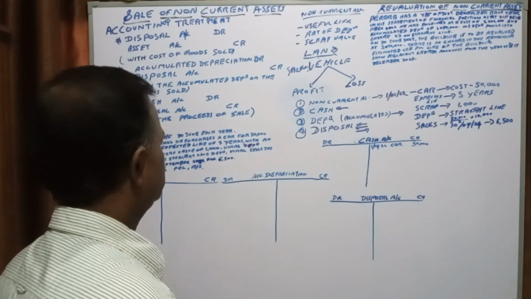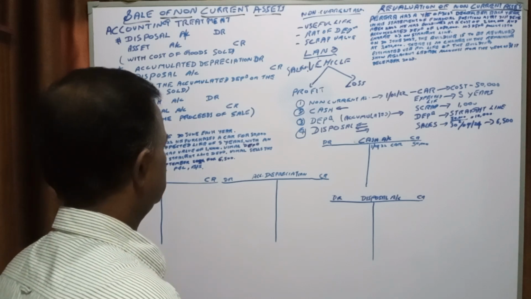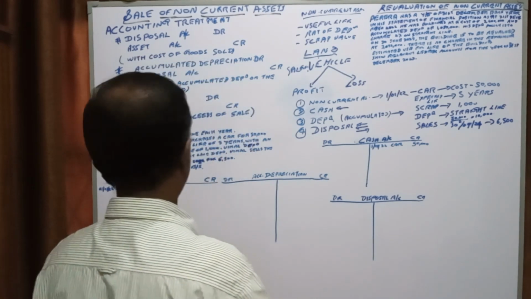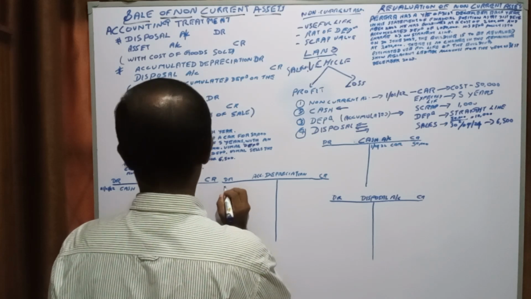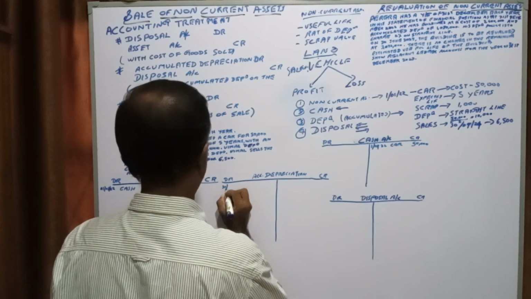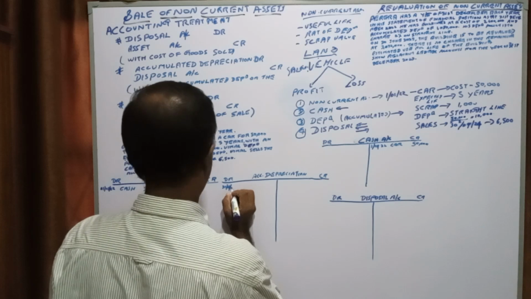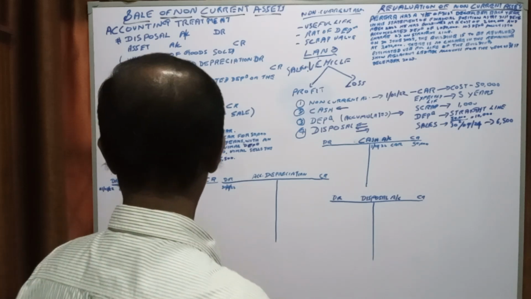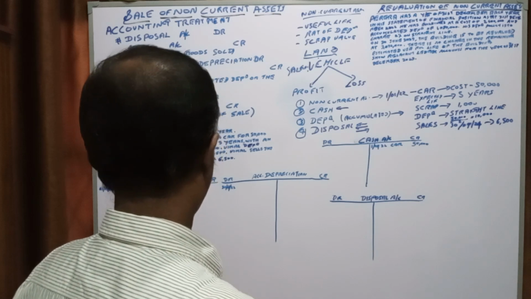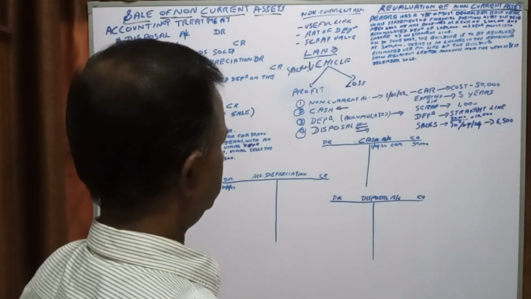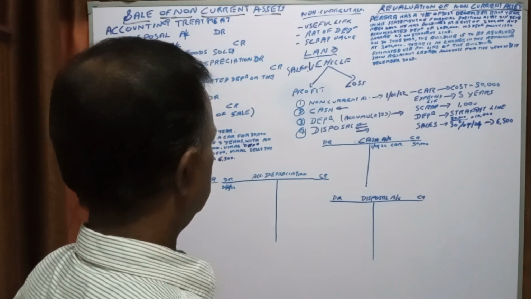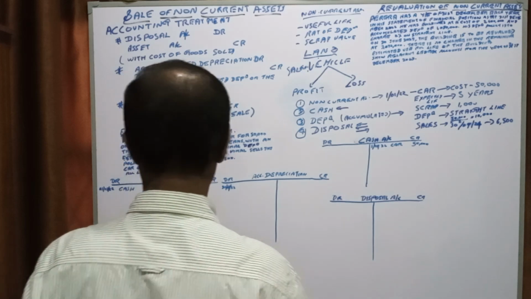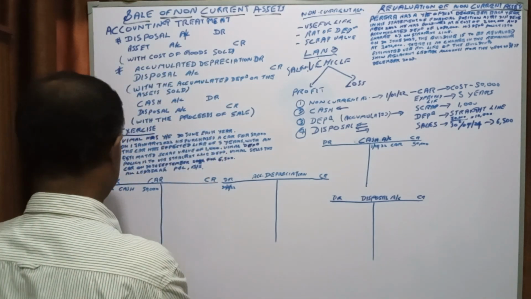And for the first year, the depreciation is to 30th June 2022. Depreciation account debit, accumulated depreciation account credit. We can open a depreciation account.